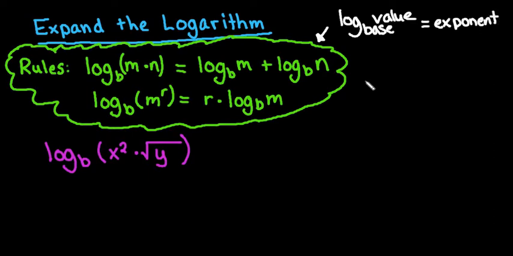Okay, so for example, we may have something like this where log base x of, let's say, 10 equals 3. Okay, so if I rewrote this in exponential form, I really have x cubed equals 10.